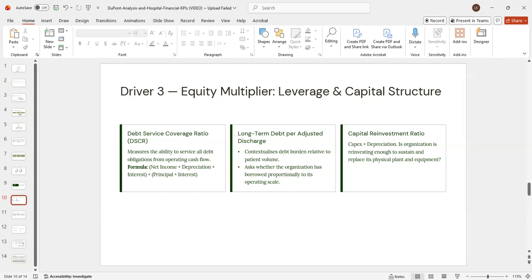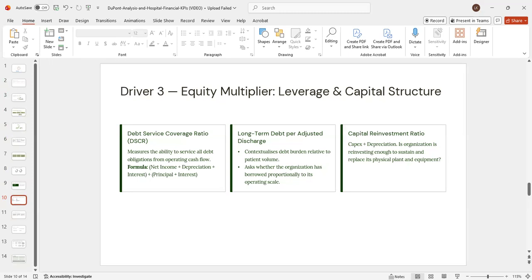Okay. What that means is that at a healthy level, a good level of capital reinvestment would mean that for every dollar of depreciation, there is at least $1 or higher of replacement.